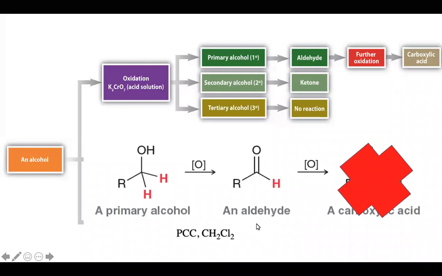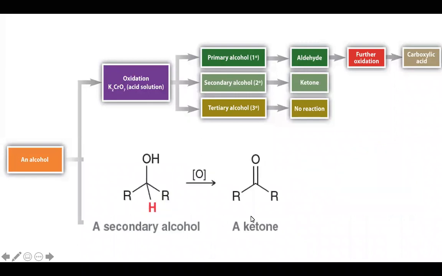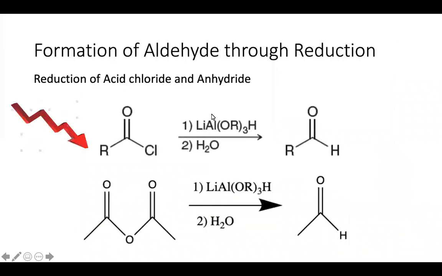And that's how we get aldehyde. But how about ketones? Well, ketones, we can just use secondary alcohol. We can also form aldehyde through reduction of acyl chloride and anhydride. And you notice that previously a usual reduction will be LiAlH4, but here we introduce a tert-butoxide group, so it's not that strong, and therefore reduces it to aldehyde instead of alcohol itself.